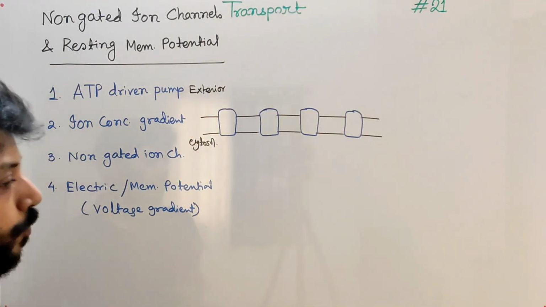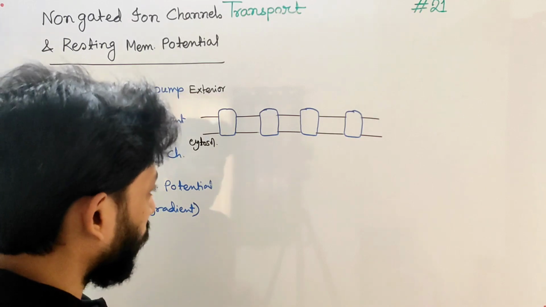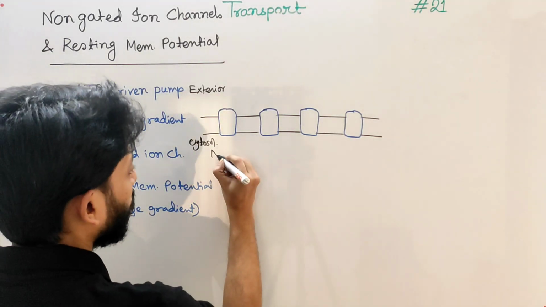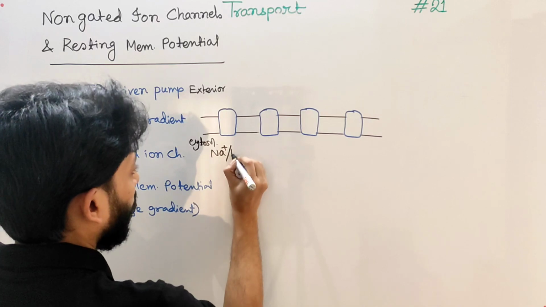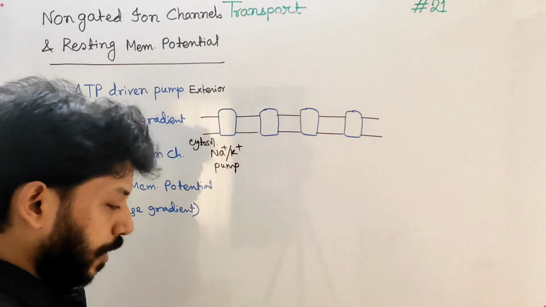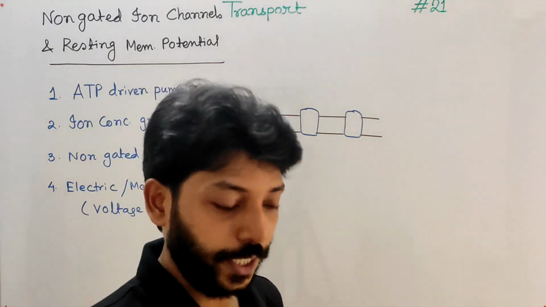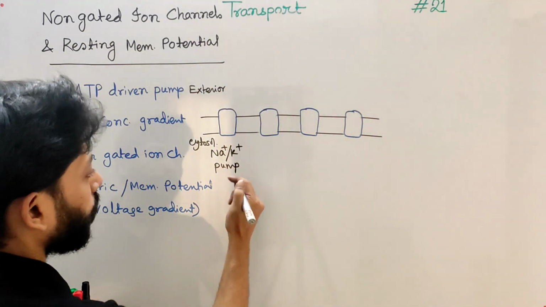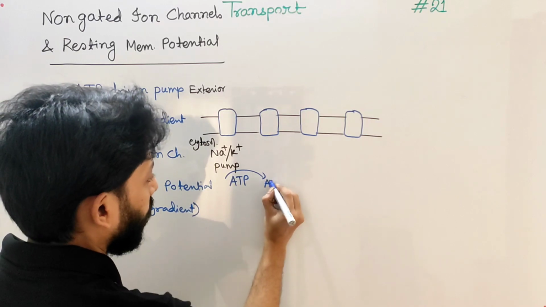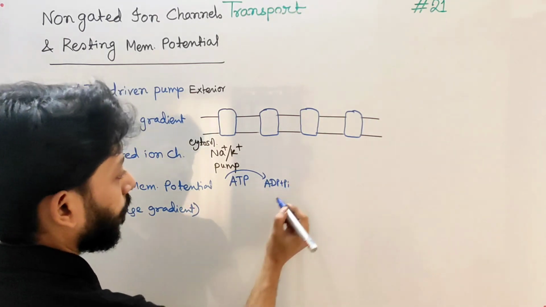From the first, I want to mention that ATP driven pump. I am giving one example, that is sodium and potassium pump. Now this pump hydrolyzes one ATP molecule into ADP and Pi.